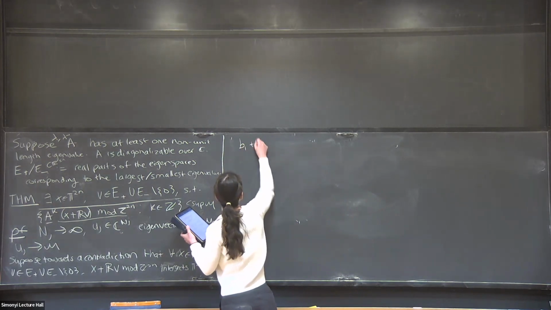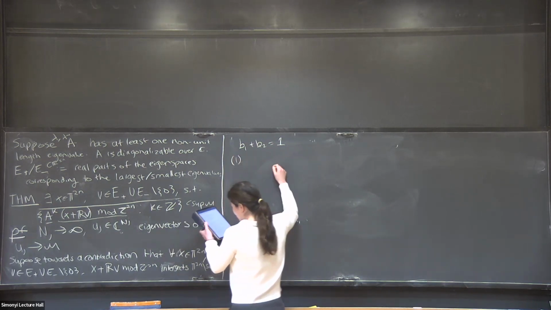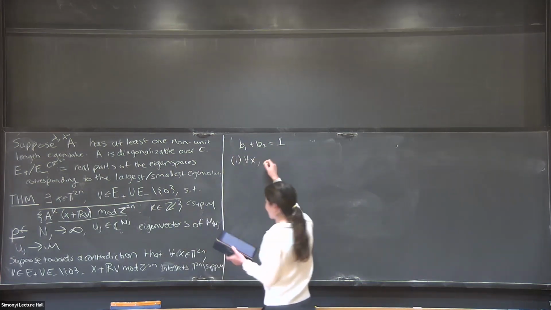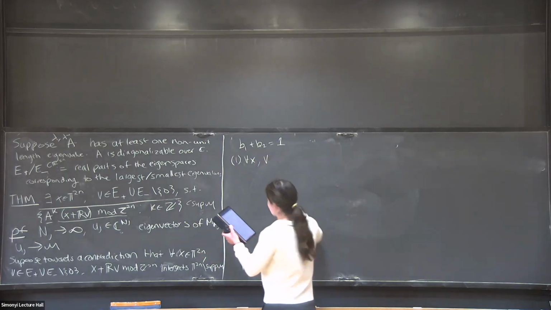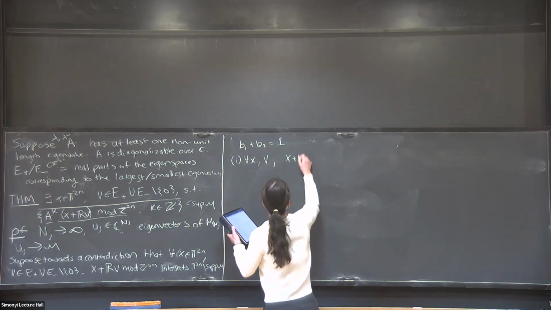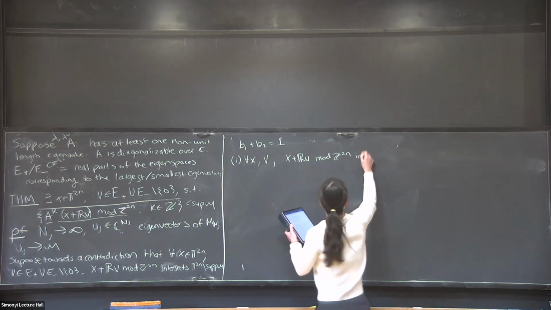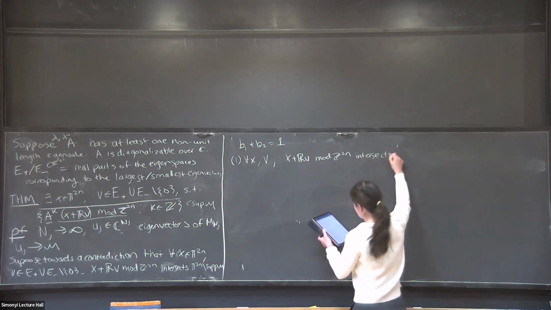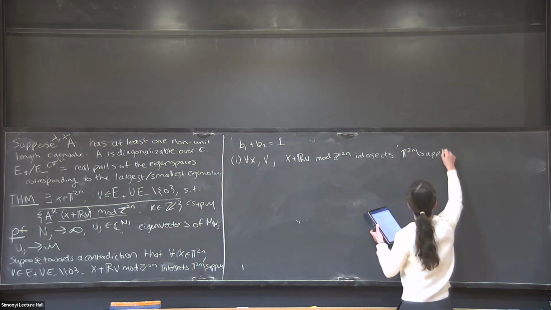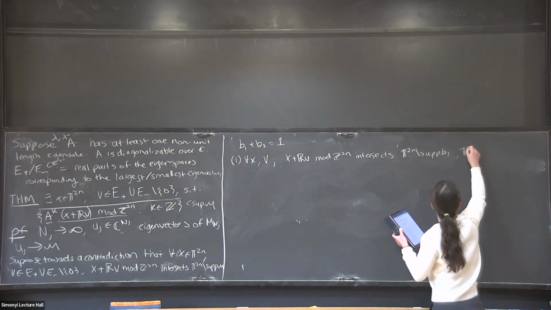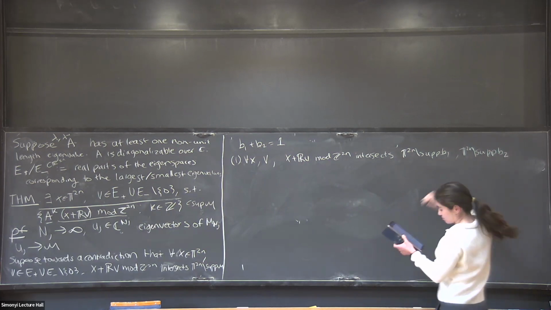It's going to have two parts, B1 and B2, and they need to have two properties. The first one is that for all points x on the torus and v in either E plus or E minus, x plus Rv mod Z^2n intersects the complement of the support of B1 and the complement of the support of B2.